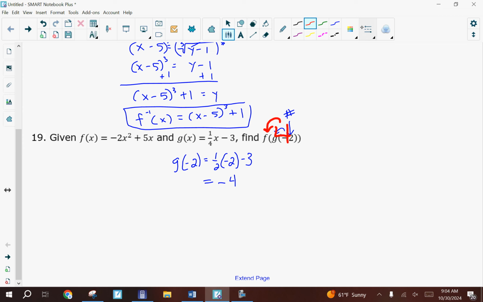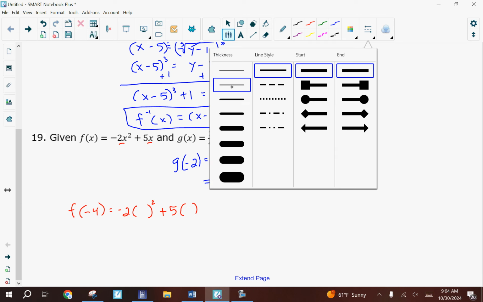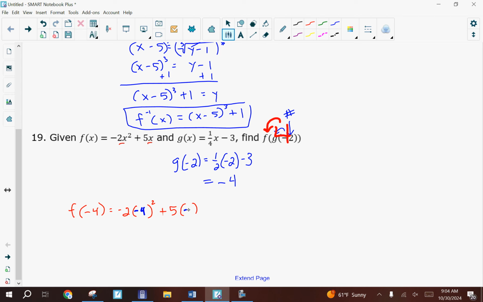So now for my f function, my f problem is f of -4 equals -2 squared plus 5. This one has 2 different x's, so we have to make sure to put 2 different parentheses. And then we're going to stick the -4 in there. So -4 goes here, and -4 goes there.